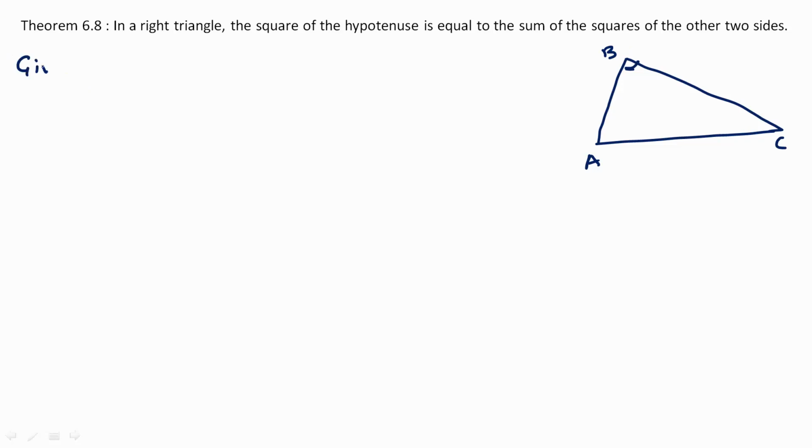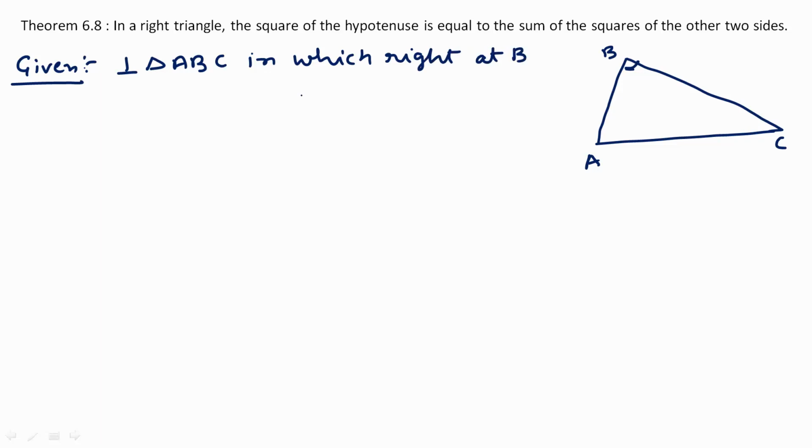Given: right triangle ABC, right angled at B, and we need to prove that AC square is equal to AB square plus BC square.